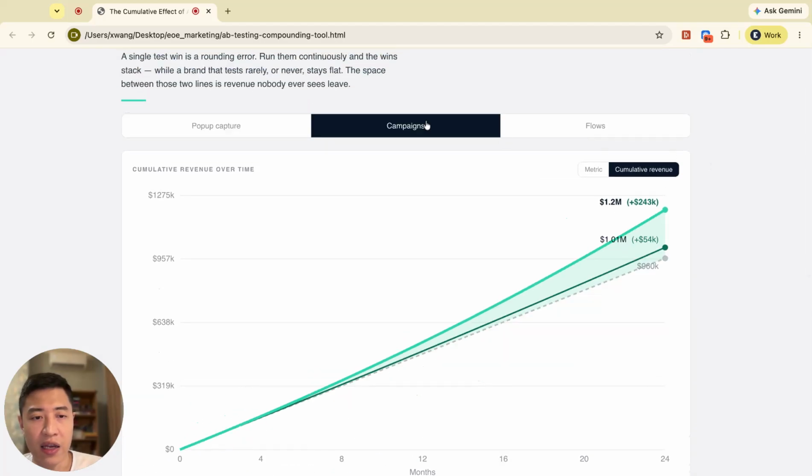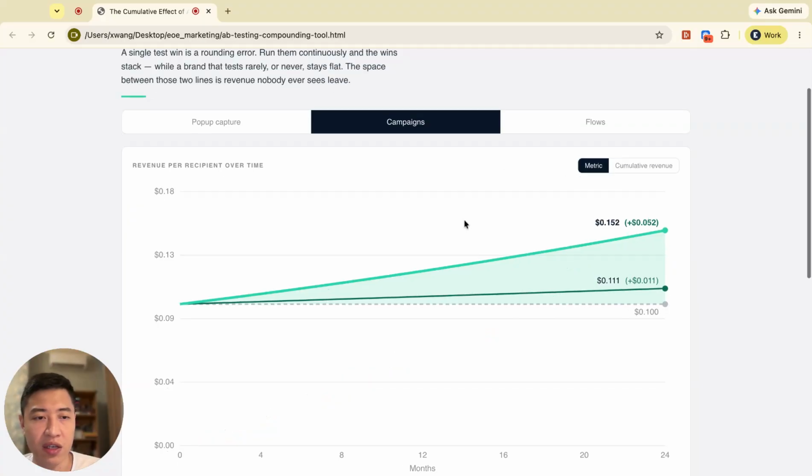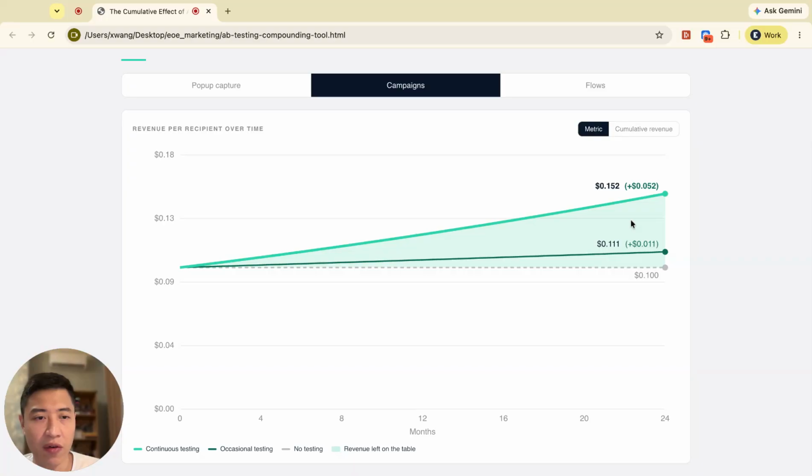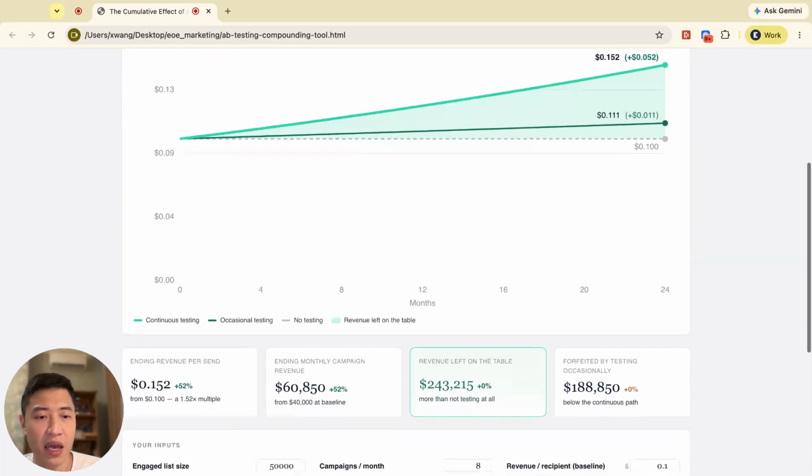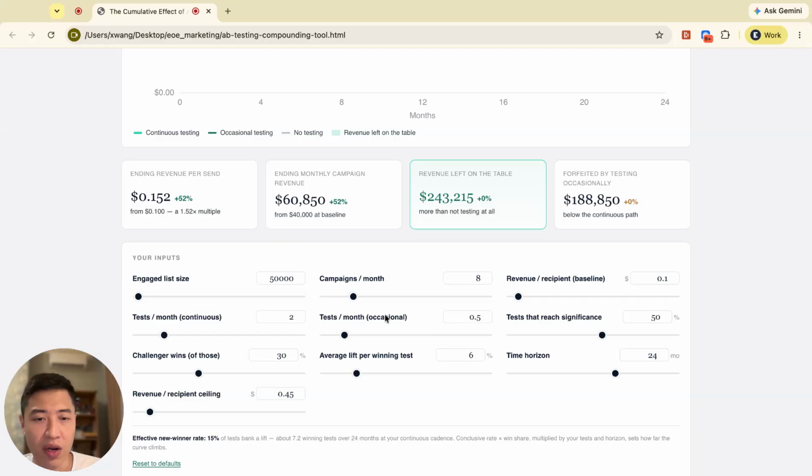So that carries across to campaigns, to flows as well. You can see here we have modeled the revenue per recipient over time. And yeah, you can play around with the numbers, but here I put some fairly reasonable numbers for smaller e-commerce stores. So 50,000 engaged list size, two campaigns per week, so 8 per month.